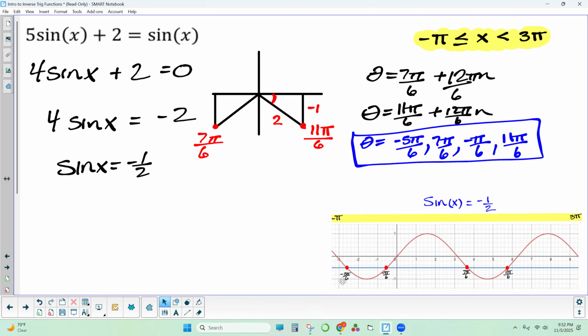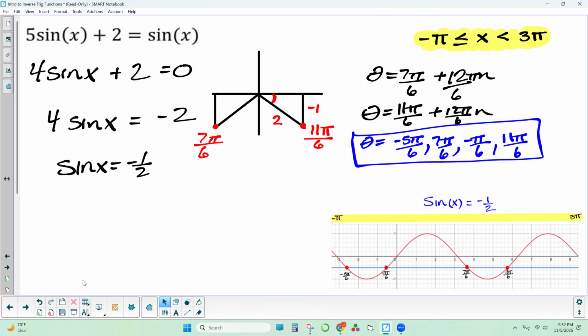As you can see, that is negative 5 pi over 6, negative pi over 6, 7 pi over 6, and 11 pi over 6, which is exactly what we got. So I like to look at multiple representations, especially when you're solving trig equations, to make this concrete and show what it is that we are actually finding here. Hopefully that helps solidify that.